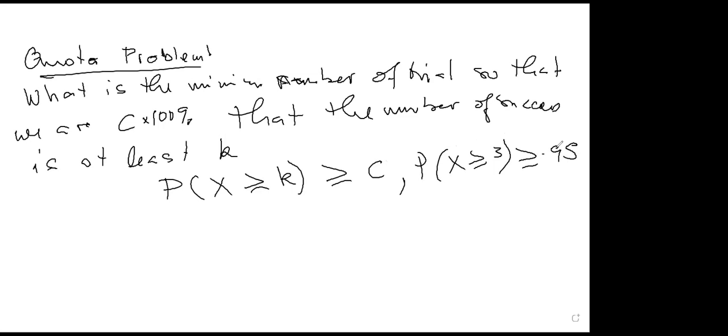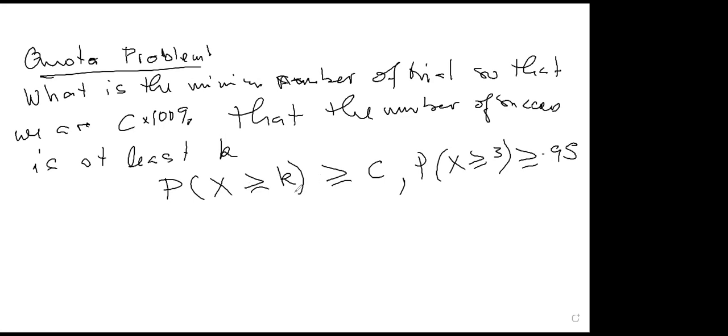To solve this type of problem, because you don't know n, you will be trying by trial and error until you get to the right minimum value. Because you don't know the number of trials, we will transform this problem into the opposite.